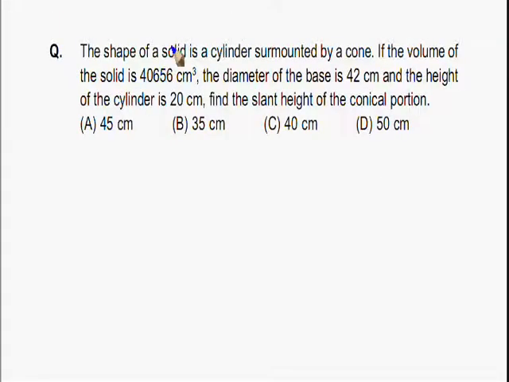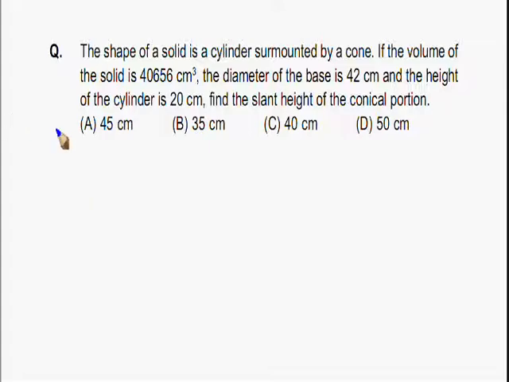If the volume of the solid is 40,656 centimeter cubic, the diameter of the base is 42 centimeter and the height of the cylinder is 20 centimeter. Find the slant height of the conical portion.